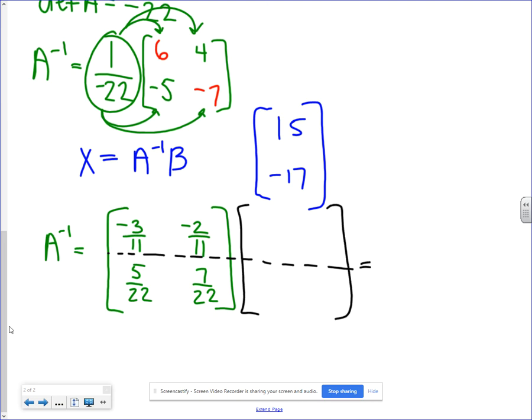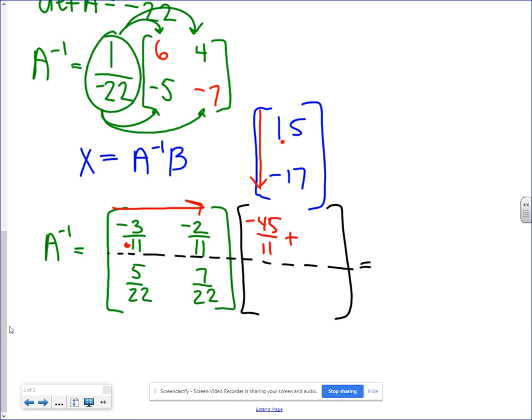And remember how we multiply. We're going to multiply rows of my first matrix times the column of my second matrix. So the first element in this row times the first element in that column. So we're going to take negative 3 over 11 times 15. That gives us negative 45 over 11.